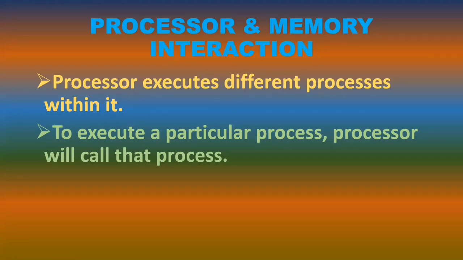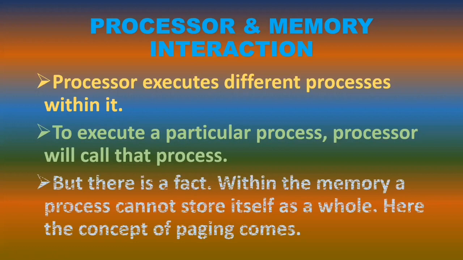Now there is a fact: a process cannot store itself as a whole inside the memory. Here memory means RAM. But why is it so? Because RAM is actually divided into smaller equal parts, and those parts are called frames.